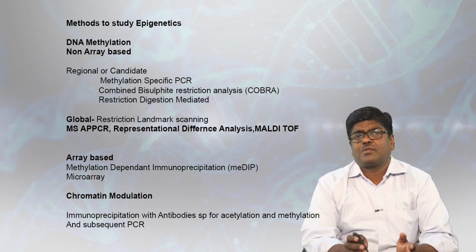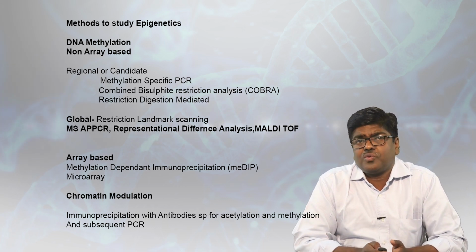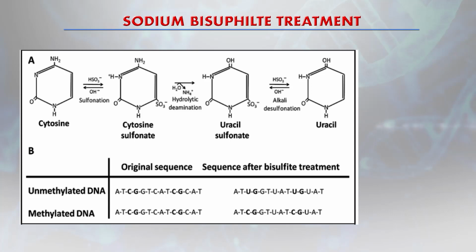I'll just tell about 2-3 methods of how you study DNA methylation. If you want to study whether a particular gene is methylated or not, what will you do? First we take DNA and do sodium bisulfite treatment. Upon treatment, methylated cytosines stay as they are, whereas unmethylated cytosines react with sodium bisulfite and become uracil.